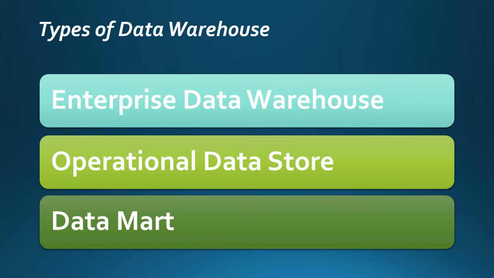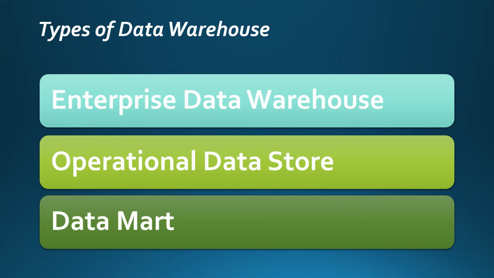Second, operational data store. An operational data store is used for operational reporting and as a source of data for the enterprise data warehouse. It's a complementary element to an enterprise data warehouse in a decision support landscape.